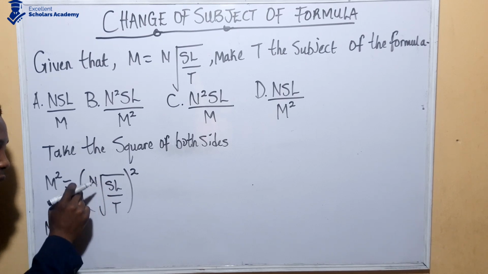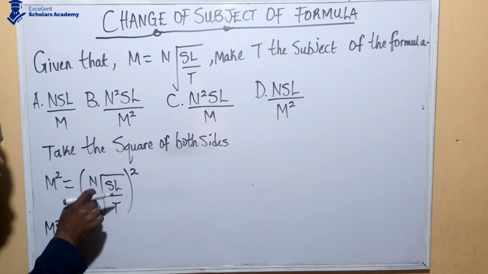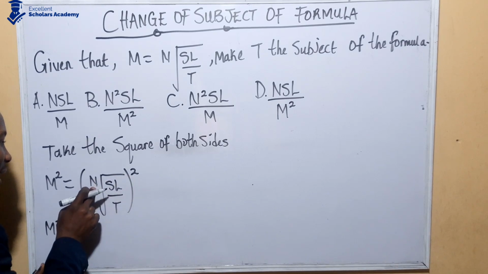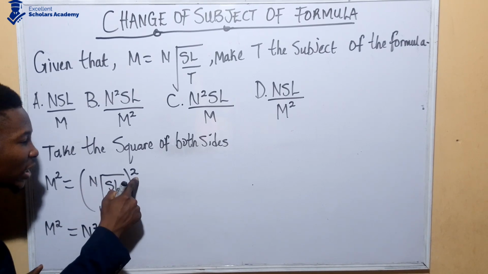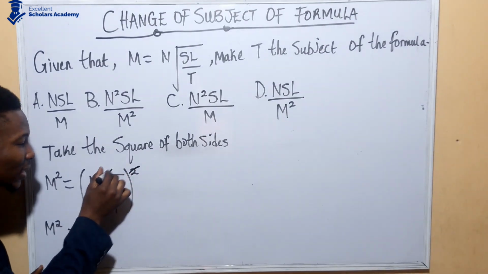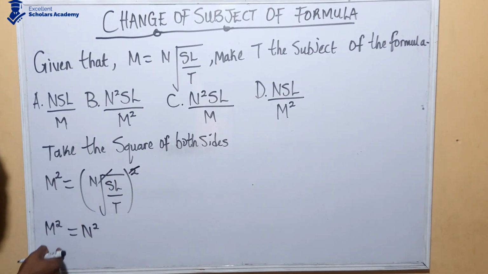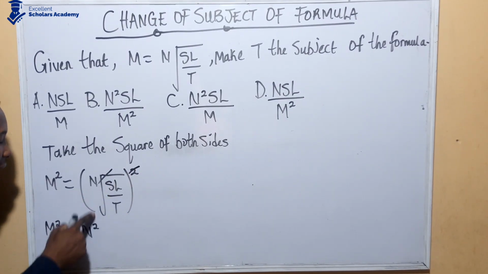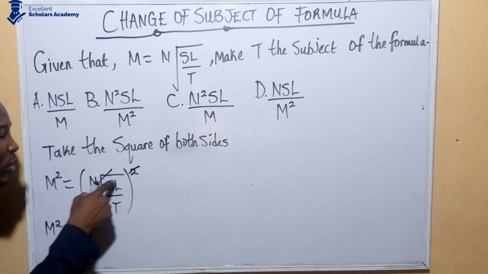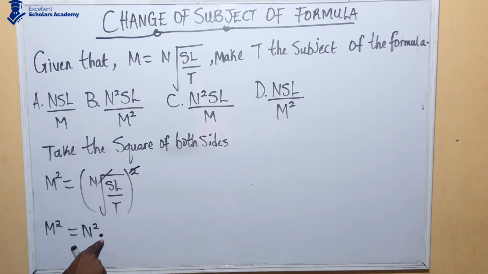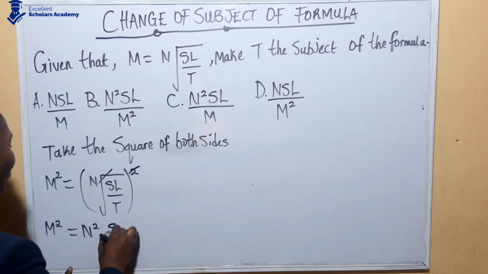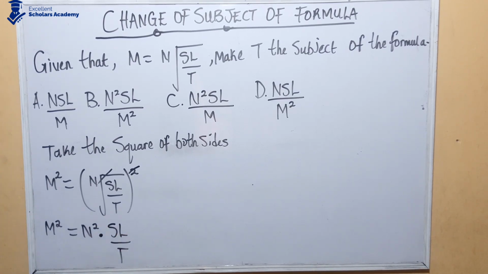The square root does not affect N, so the square affects N and it becomes N squared. But the square is going to affect these and cancel the square roots. Then you multiply by SL over T.